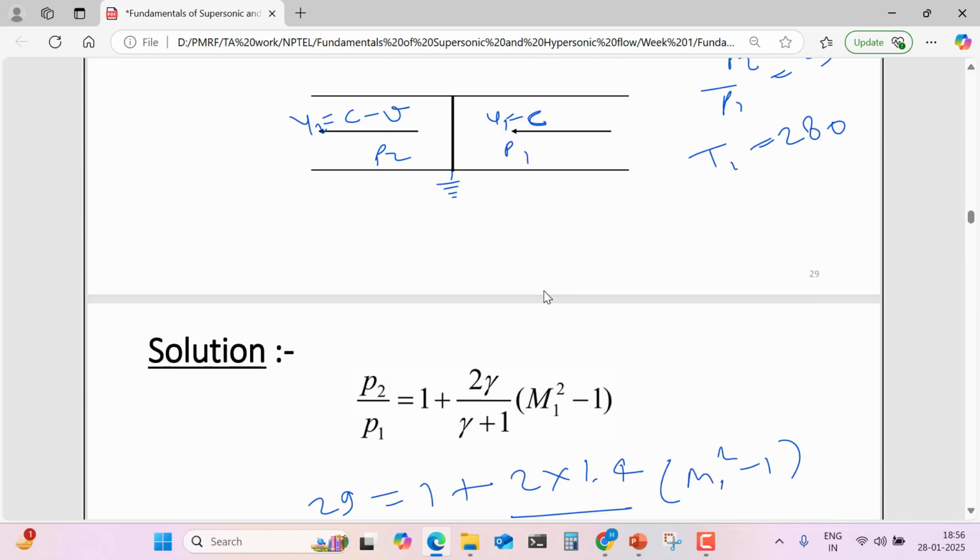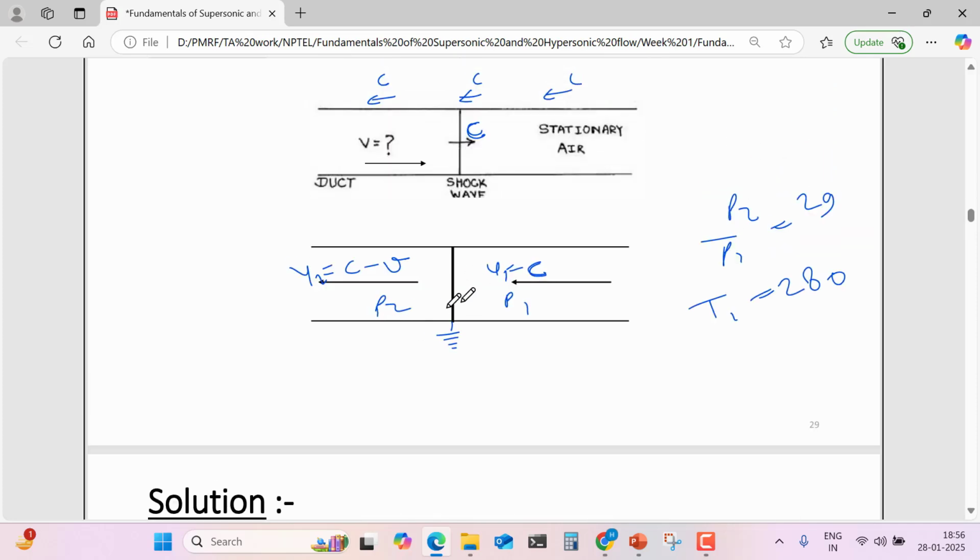We got u2 and u1: u2 is 335.416 meter per second, and u1 is 1677.08 meter per second.